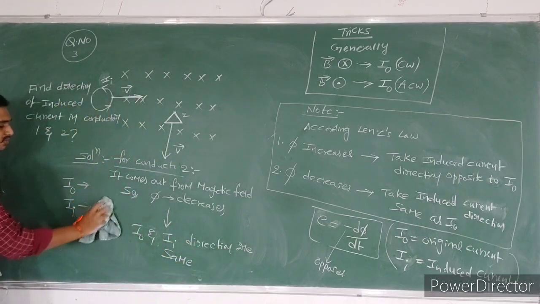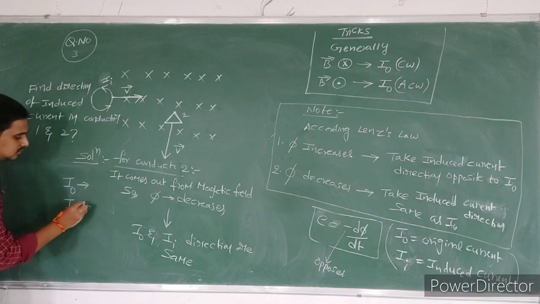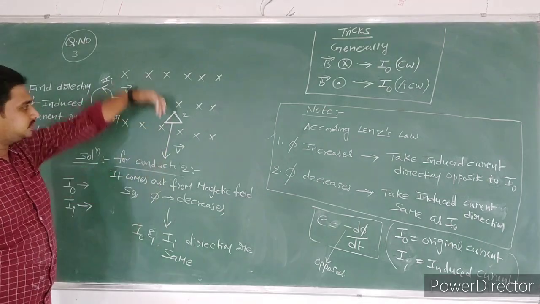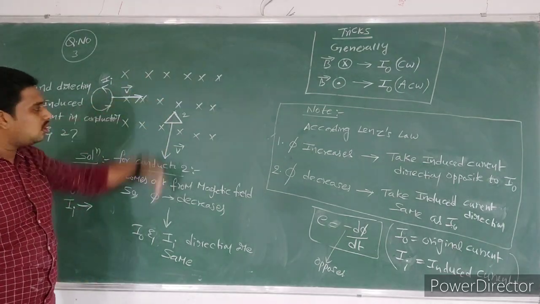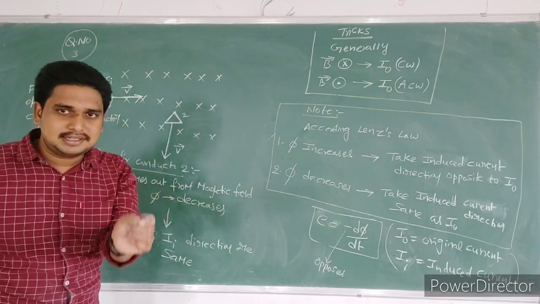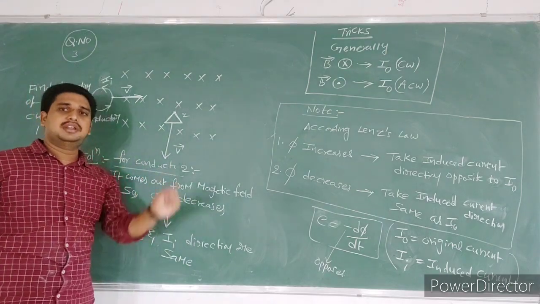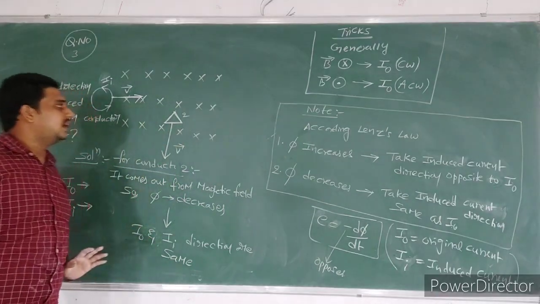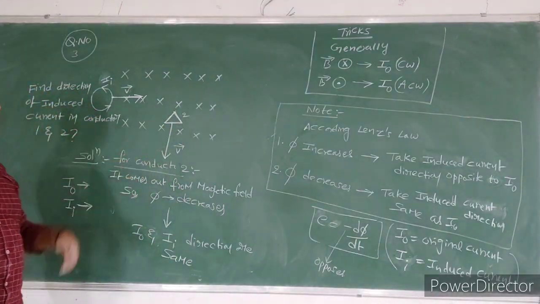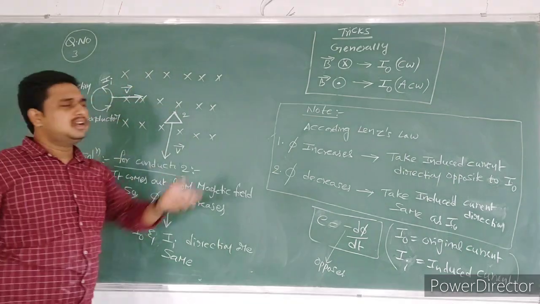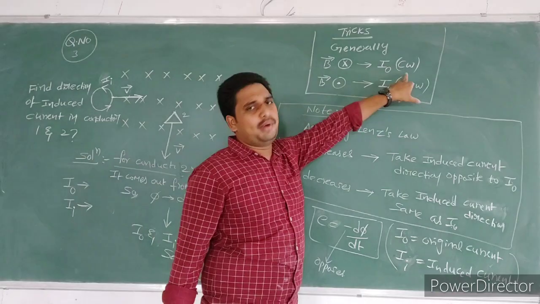So please observe carefully. Here it is leaving the magnetic field. It comes out of the magnetic field. Then magnetic flux decreases, so the induced current direction and original current direction are both the same. So what is the direction of original current in case of conductor 2? Definitely the field is into the page. Magnetic field is into the page means definitely the original current direction is clockwise.